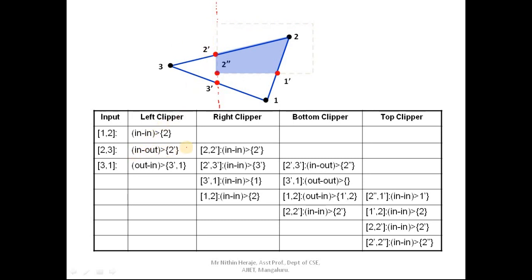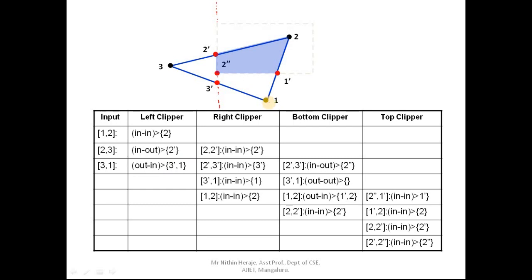So inside to outside and 2 dash is what you are going to save. Okay. Then next, you have edge 3 to 1. In edge 3 to 1, for left clipping, 3 is outside and 1 is inside. So when it is out to in, you need to keep both the vertices. So that is 3 dash comma 1. So 3 dash and 1 are the two vertices.